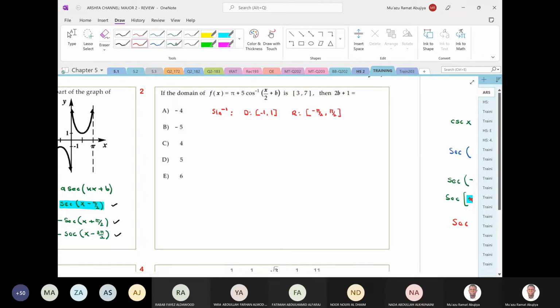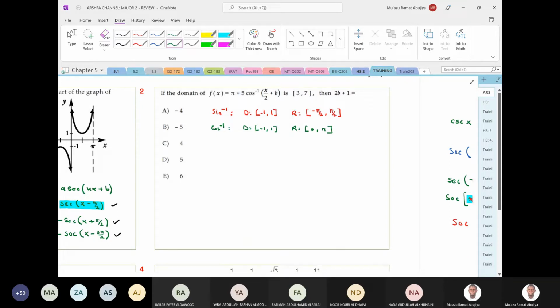Now, for the case of cosine inverse, it has the domain of minus 1 to 1, and the range of cosine inverse is from 0 to pi. So this is what we know from section 6.5.